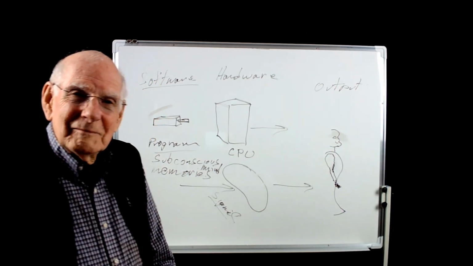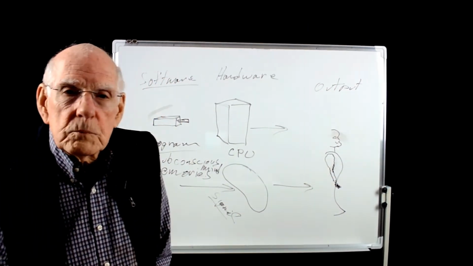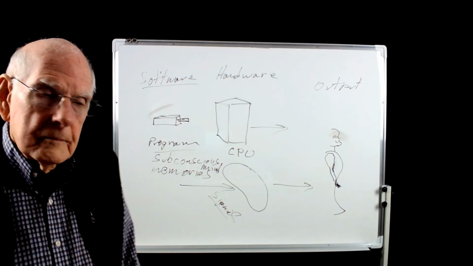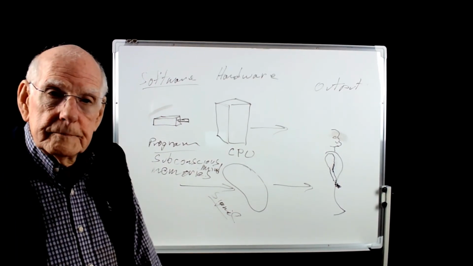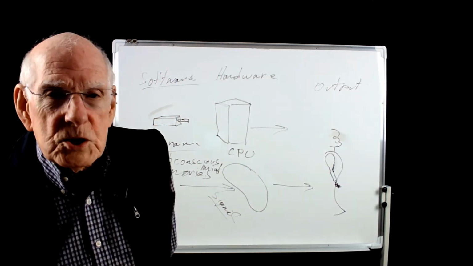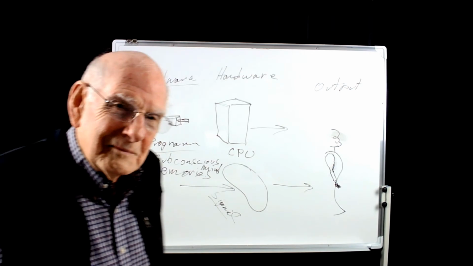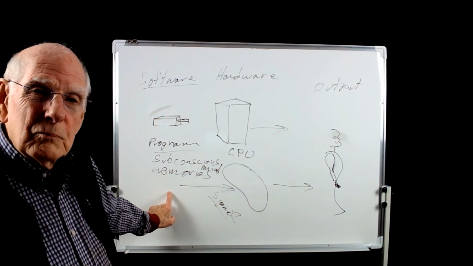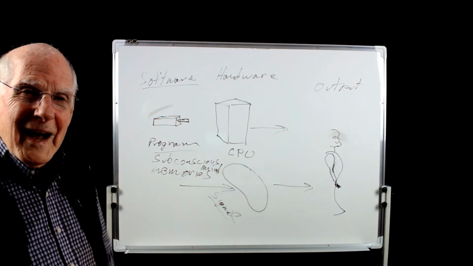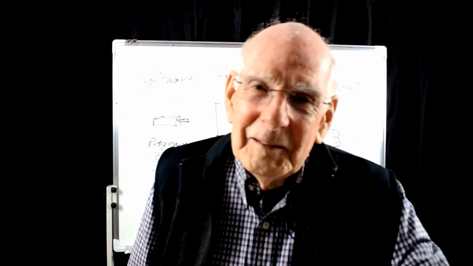And then, when the body does something wrong, why does it do something wrong? Because of the software. But when the body does something wrong, we throw the body in jail. Do we fix the program? Nah, we just let him sit in jail. He'll be okay. He'll get by.